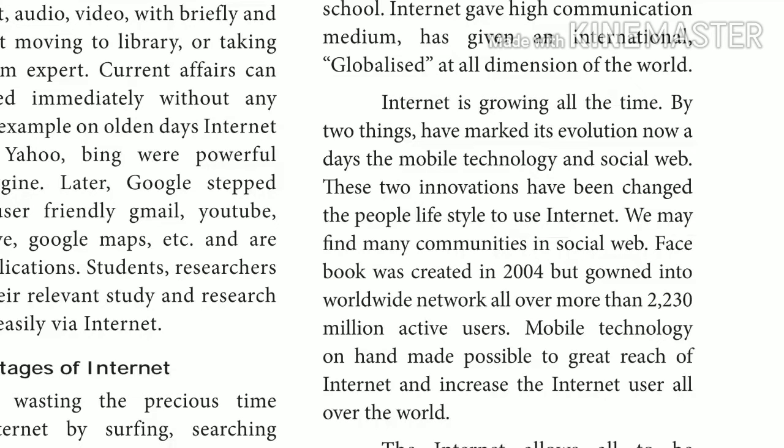We may find many communities in social webs. Facebook was created in the year 2004 but has grown into a worldwide network, with more than 230 million active users using this Facebook. Mobile technology has made possible a greater reach of the internet, increasing the internet users all over the world.